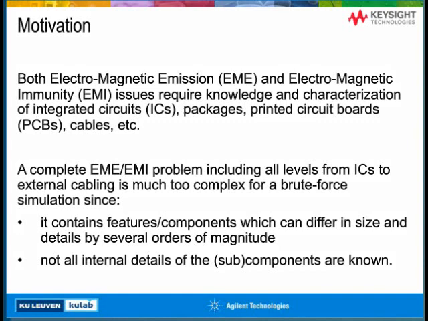Why is that? It has two reasons. The first reason is that it contains features and components which can differ in size and details by several orders of magnitude. So you have the very small ICs and you have the big housings, the big cables and so on. And moreover, you also don't have all internal details of the components. That's true for integrated circuits, where you cannot get from the vendors all the circuit details of the integrated circuit itself.